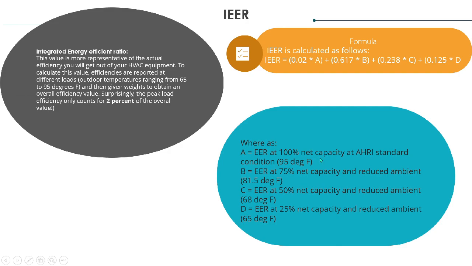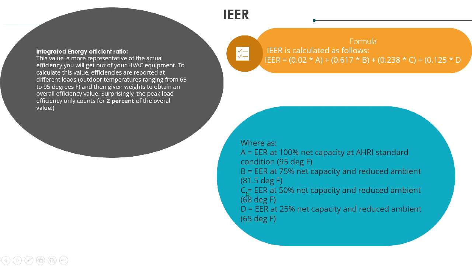Okay, and also you can see the temperature is being changed from 95 to 81 at the B level, and at the C level we have EER at 50% net capacity and reduced ambient temperature, which is equivalent to 68 degrees Fahrenheit. And when it comes to D, we have EER at 25% net capacity and reduced ambient temperature, which is equivalent to 65 degrees Fahrenheit.